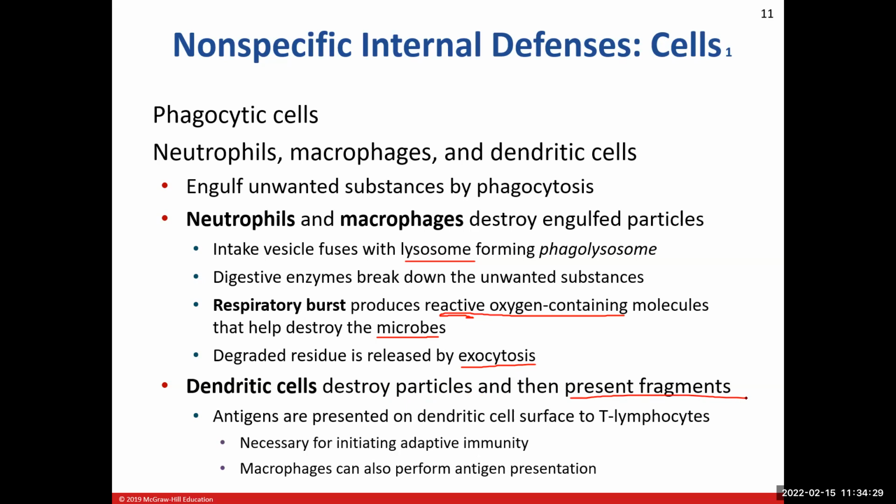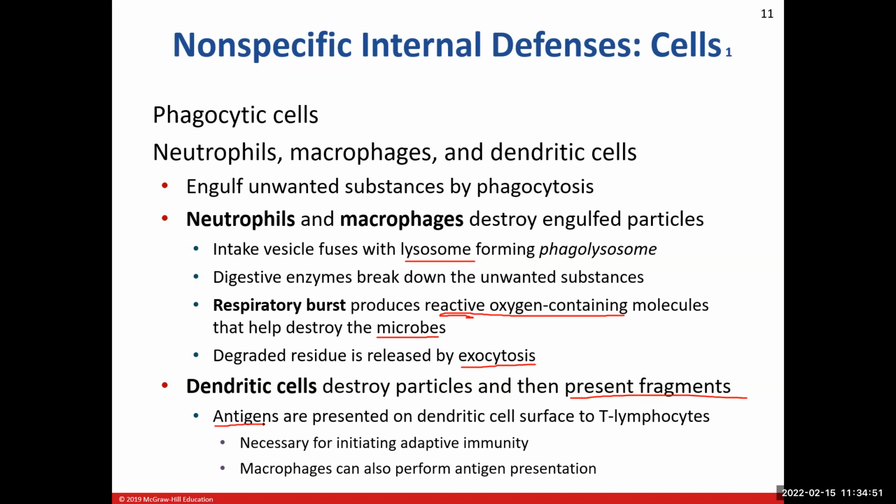So basically what will happen is the dendritic cells will come across whatever this particle is or this substance, it'll engulf it, break it down, and then it sticks the fragments all over the surface of itself. So we refer to those fragments as antigens.